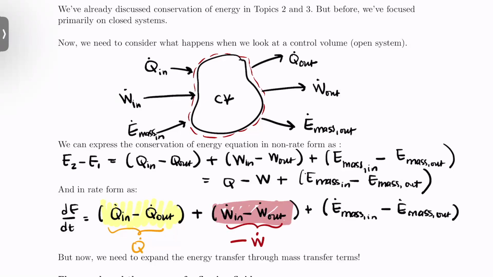So that's where we pick up the negative sign. And then we're going to keep our E dot for mass in and out as is. All right, so this is our net rate of heat transfer input. And then this is our net rate of work output.